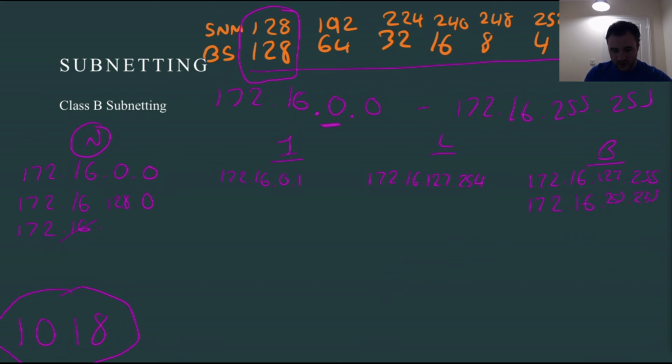So we end up with two networks. 172.16.128.1 and then broadcast take away 172.16.255.254. Do you all see where I'm coming from?